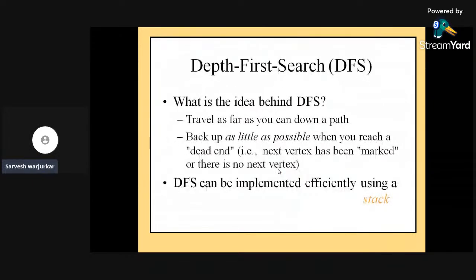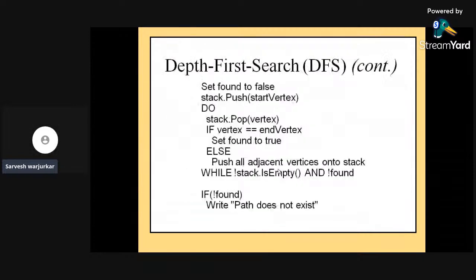We'll see it in brief: the traversal as far as you can down a path is called depth first search, and ultimately you back up as little as possible when you reach a dead end, where the next vertex has been marked or there is no next vertex. DFS can be implemented efficiently by using a stack.